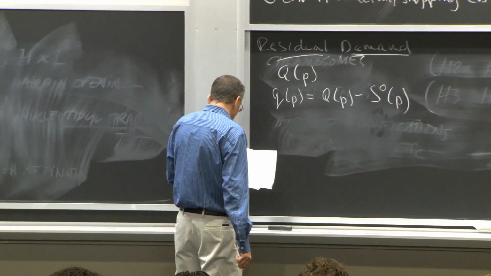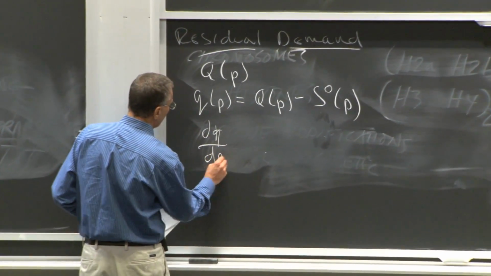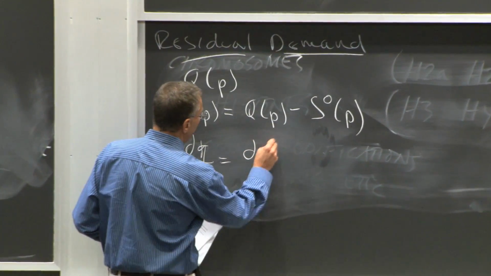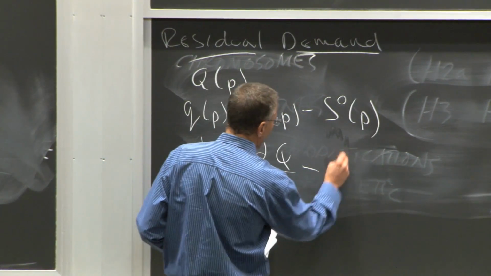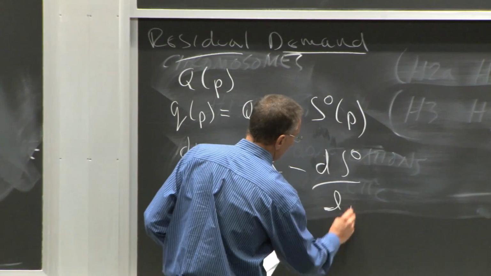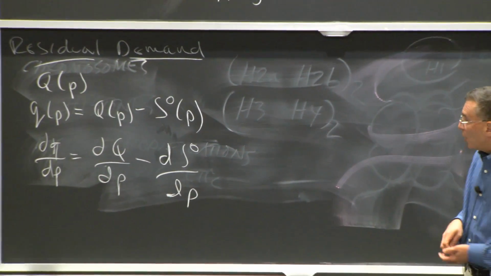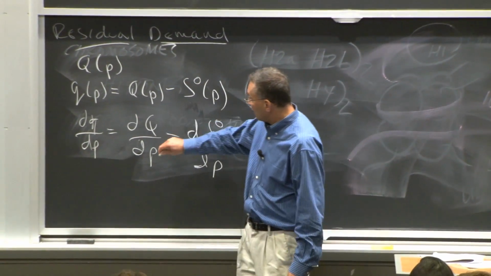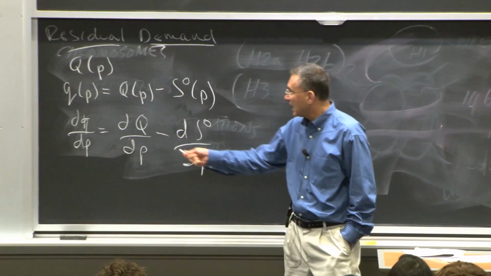Differentiating with respect to price, we get dq/dp equals dQ/dp minus dS0/dp. So just differentiating that. The first term is negative because demand curves typically slope down. We don't believe in Giffen goods. So this term is negative.